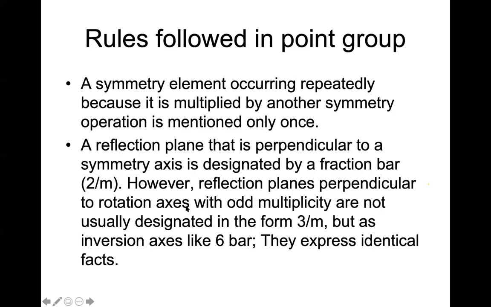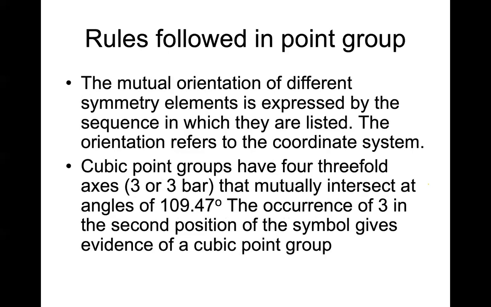So this is the symmetry axis perpendicular to m. This will generate inversion symmetry. However, a reflection plane perpendicular to a rotation axis with odd multiplicity is not usually designated in the form 3 by m, but as an inversion axis like 6 bar. Okay, these are all conventions followed in the International Tables.